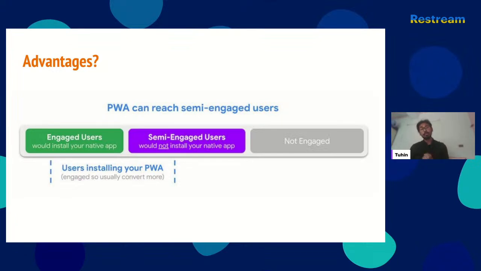But then there are some people who are hesitant, who say, I would like to try it out before I actually go full in and download the content. Those are my semi-engaged users. For semi-engaged users, the user journey is a bit different. I would like to try it out, and if it is a native application, I'm already putting up a barrier: you have to install my application in order to go there.